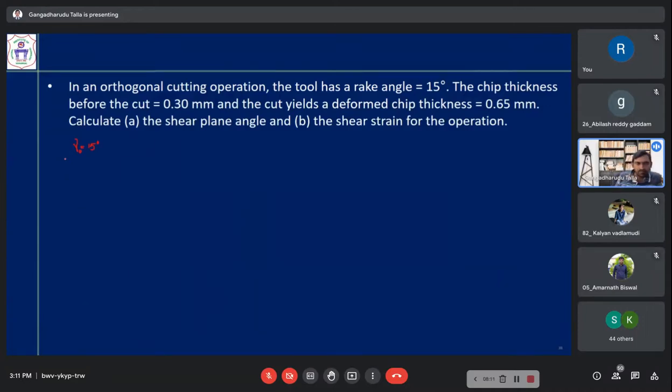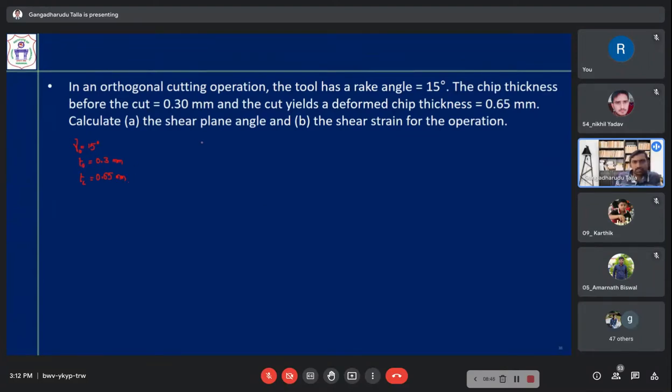Chip thickness before the cut. What is the symbol? t0, whatever, is 0.3 mm. And the cut yields a deformed chip thickness equal to 0.65. What is that? tc. That is chip thickness.